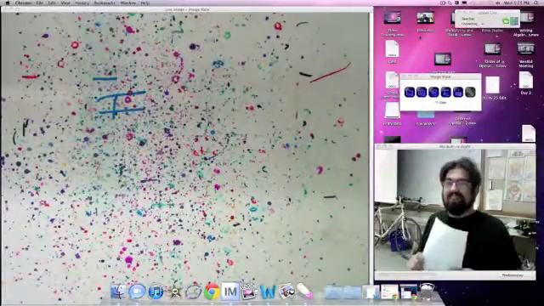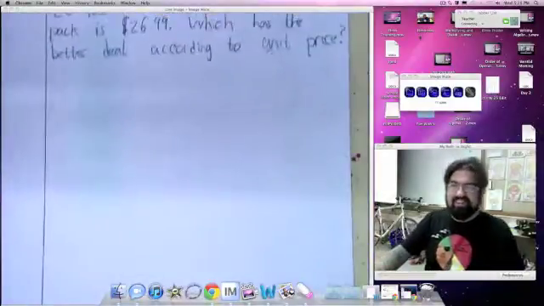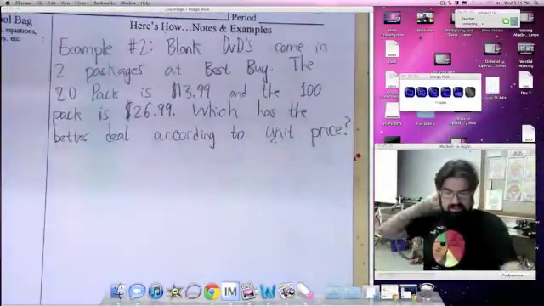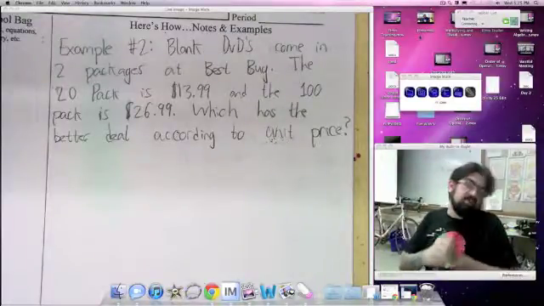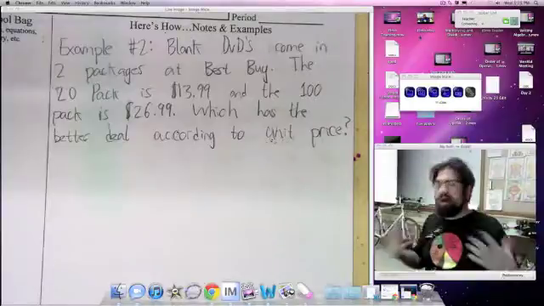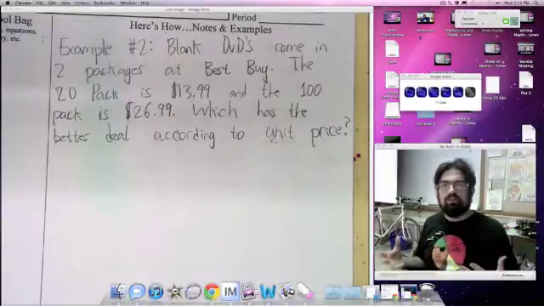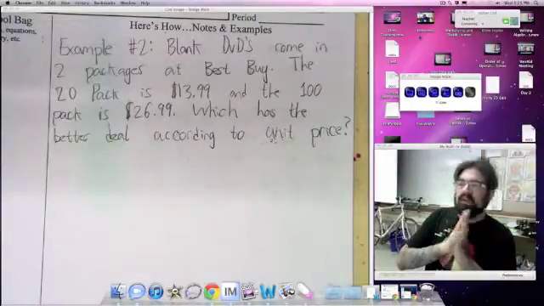All right, second example. Example number 2. Blank DVDs come in 2 packages at Best Buy. I'm buying DVDs because I'm burning DVDs for people, and there are 2 packages.